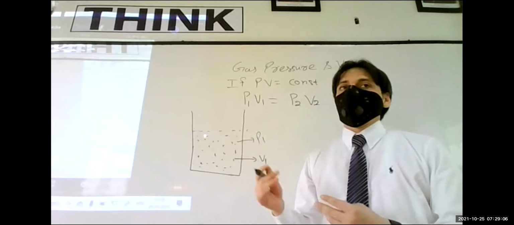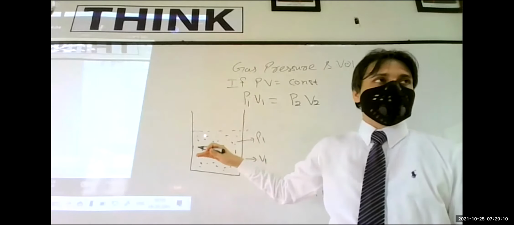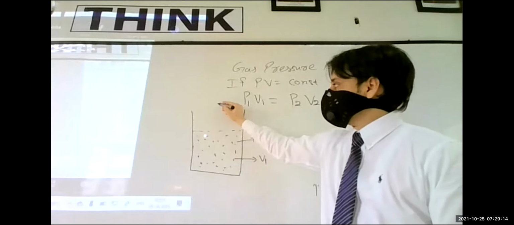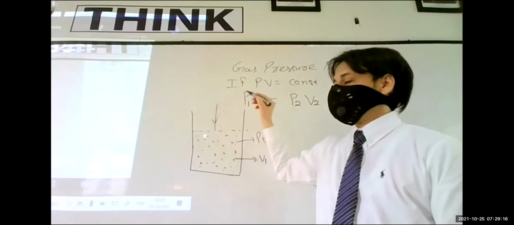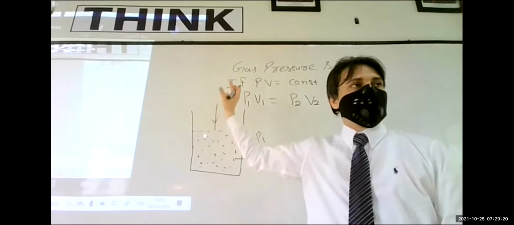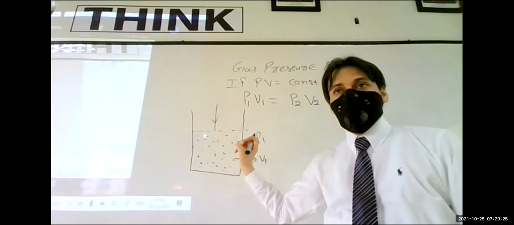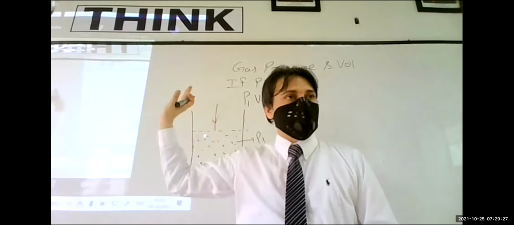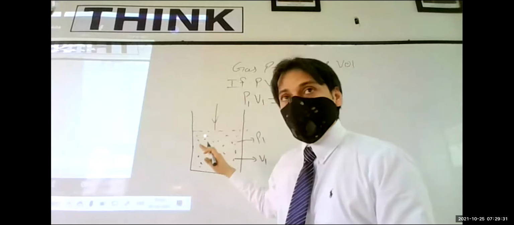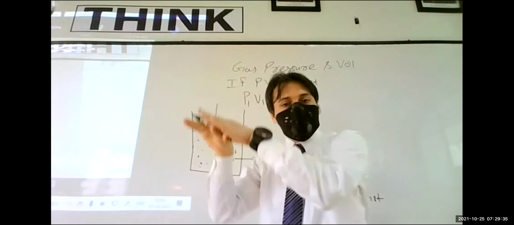But now somehow I have increased the pressure on the gas particles. Since I have compressed the gas, I move the piston downward. You can consider any case, children: you move the piston downward or you move the piston upward. Moving upward means you are decreasing pressure. But here I am taking the case that I compress this gas by applying a force on the piston, moving the piston downward.